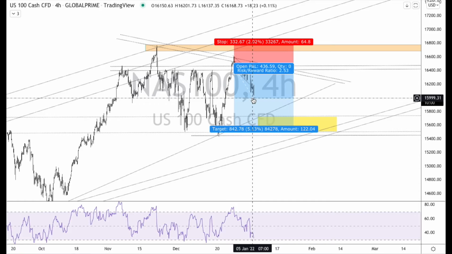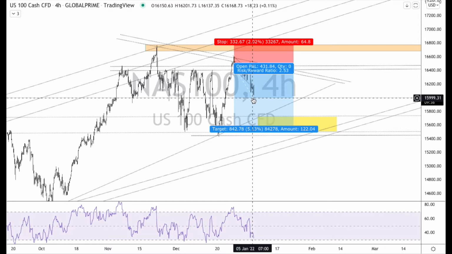But bearing in mind, the actual non-farm payroll is coming out in 2 days' time, on Friday the 7th at around 1:30 p.m. UK time. Obviously, if you're in another location, the time zone is going to be slightly different. And also, we have the Federal Open Market Committee.